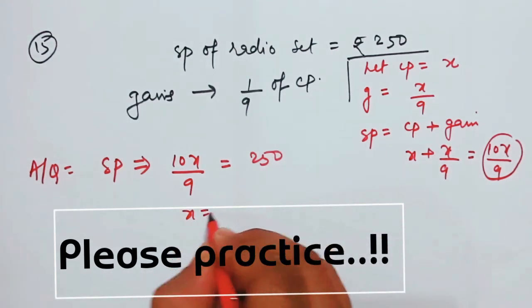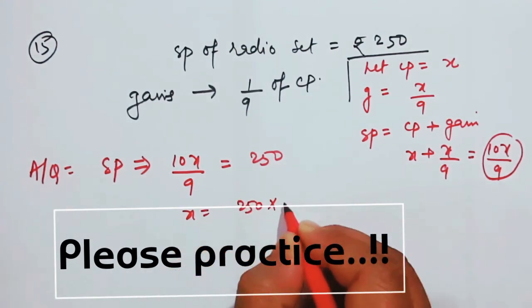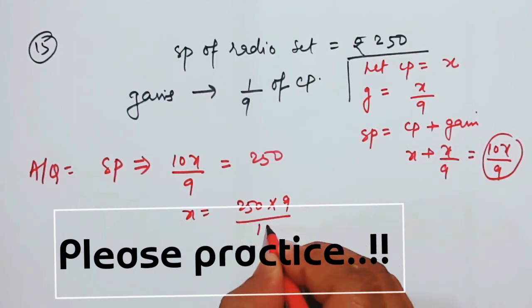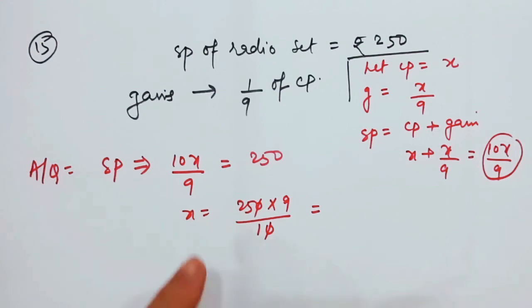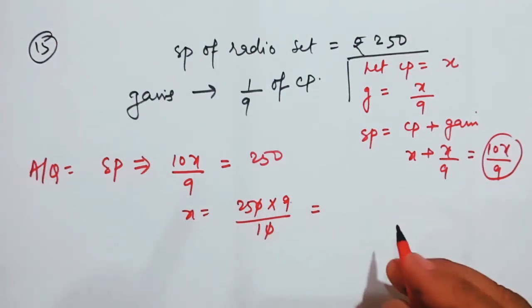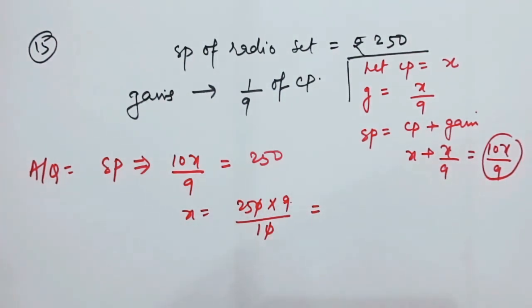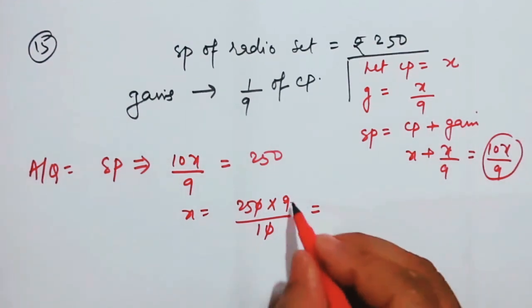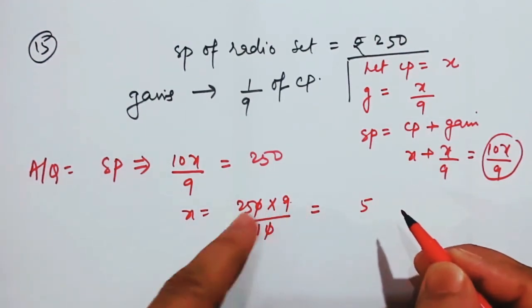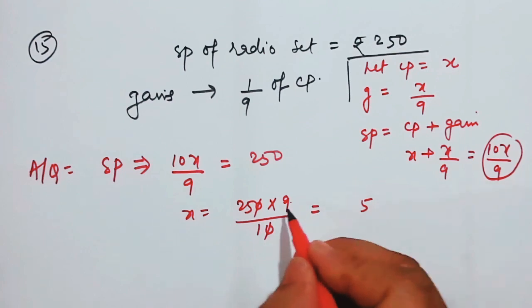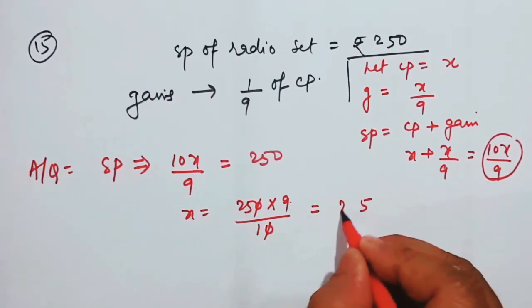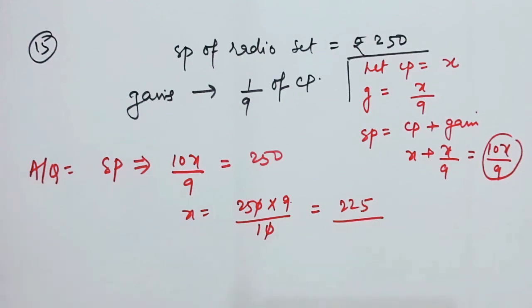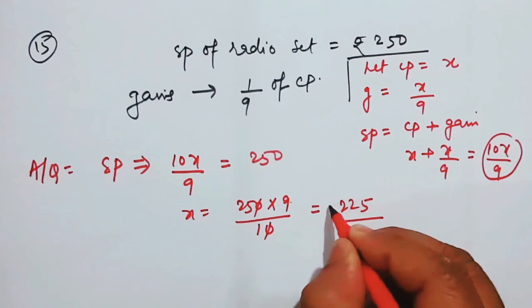So x will be equal to 250 into 9 by 10. Oh, so this x is equal to how much? 9 5s are 45. 9 2s are 18. 225 is your cost price.